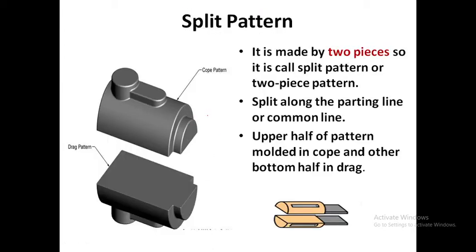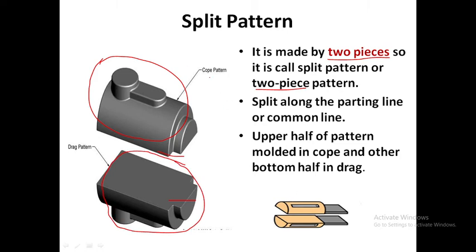Next is the split pattern. This split pattern is made of two pieces. It is called a split pattern or two piece pattern. Why? Because it is split along the parting line, or a common line. The upper half of the pattern is molded in the cope and the other bottom half in the drag.